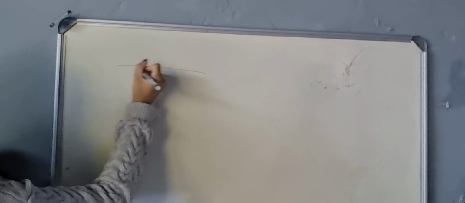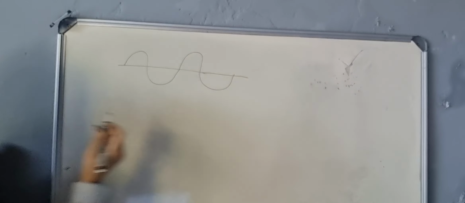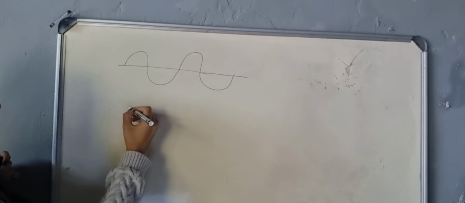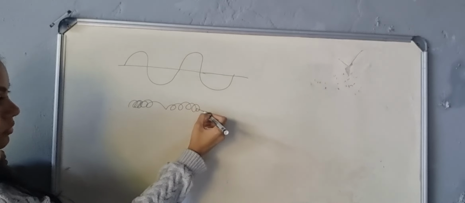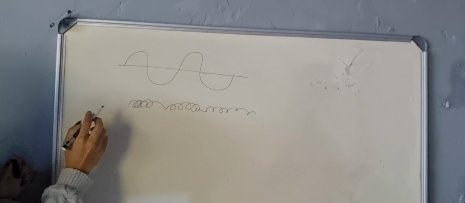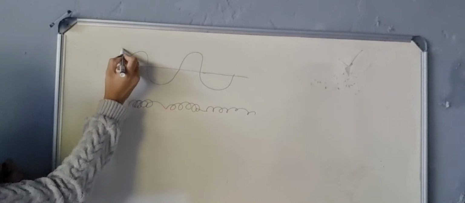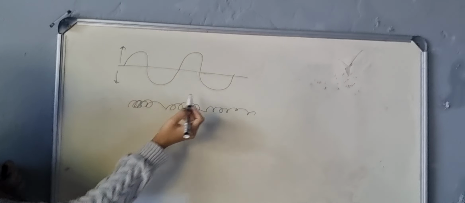So let me just show you the difference between the direction of a transverse wave and of a longitudinal wave. If you look at a transverse wave, and if you look at a longitudinal wave, okay, so the transverse wave, the motion of it is going up and down, up and down.